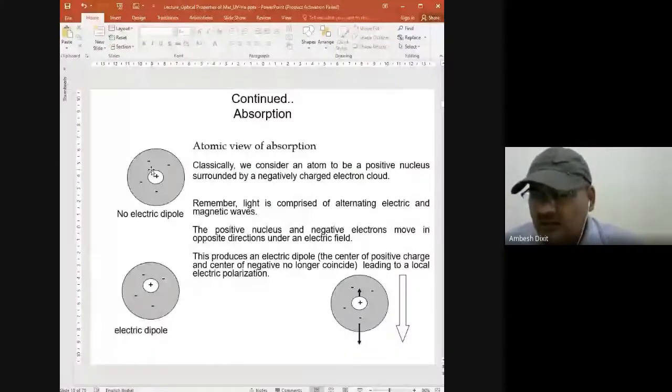The center of your positive charge and the center of your negative charge in an atom coincide with each other, so there is no charge buildup. Classically, we consider an atom to be a positive nucleus surrounded by negatively charged electrons. When there is no light or electric field, since the centers of positive and negative charge coincide, there is no charge separation, so no electric dipole.